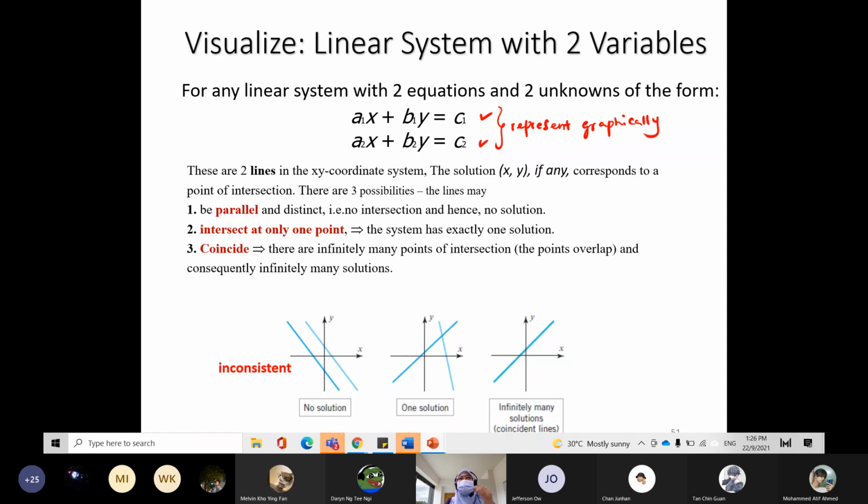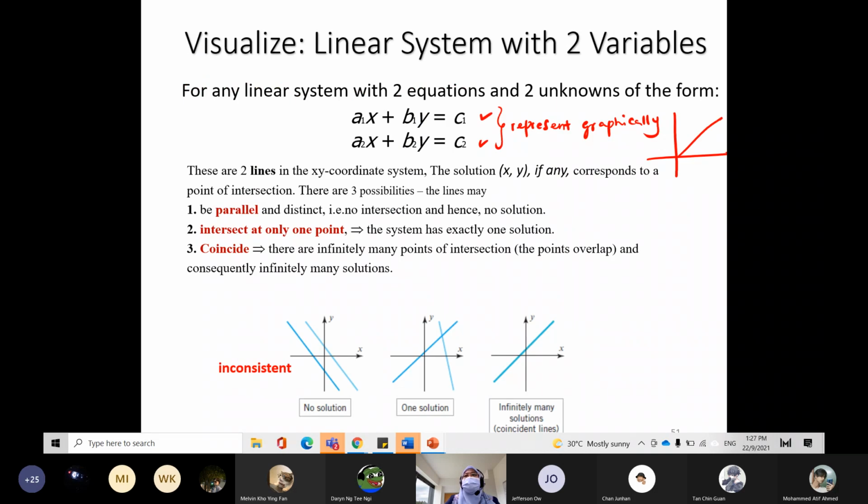We know that a linear equation, when you sketch it graphically, gives a straight line equation. So you try to visualize these two equations in the x and y coordinate system, and you can see these two lines.